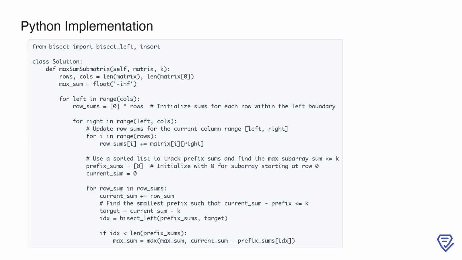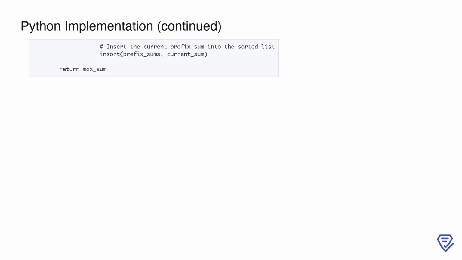Using bisect_left, we find the smallest prefix sum in prefix_sums that is greater than or equal to the target. If such a prefix exists, we calculate the potential maximum sum by subtracting this prefix from the current sum and update max_sum accordingly. After checking for a valid prefix sum, we use the insort function to insert the current prefix sum into the sorted list.